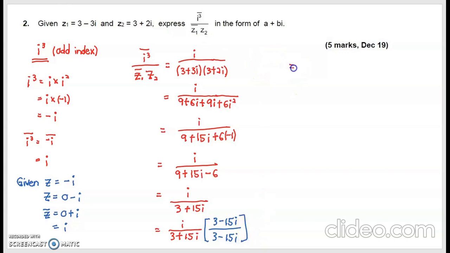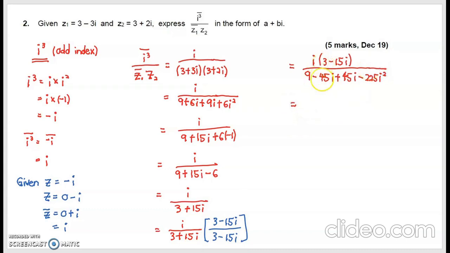When I expand, the numerator is i times 3 minus 15i, over the denominator, which will be 3 times 3, 9. 3 times negative 15i, negative 45i. 15i times 3, positive 45i. Finally, 15i times negative 15i is negative 225i squared.